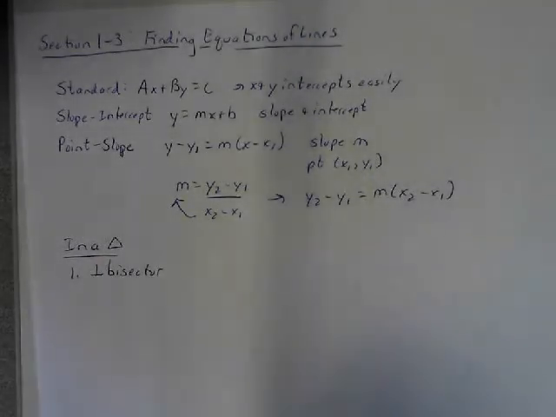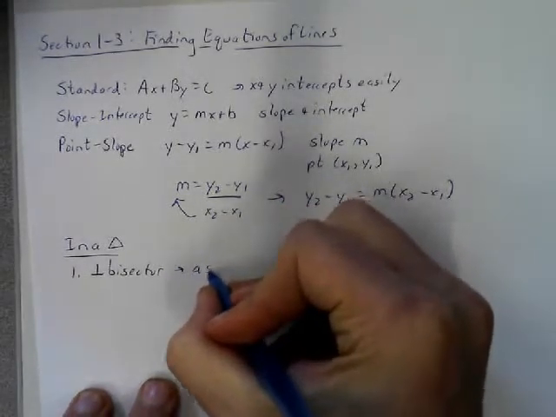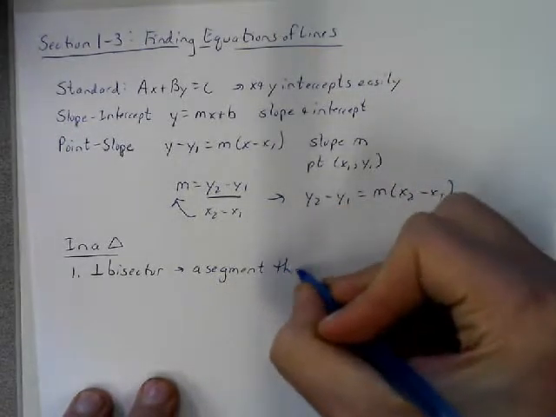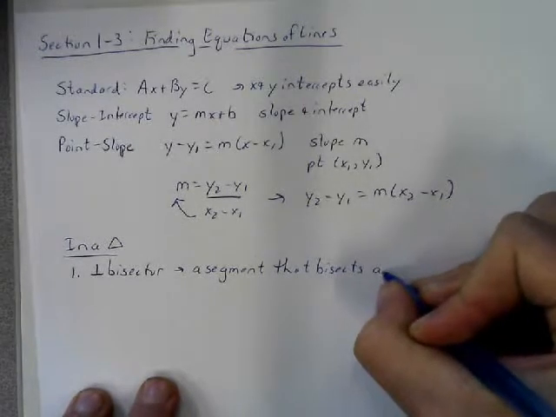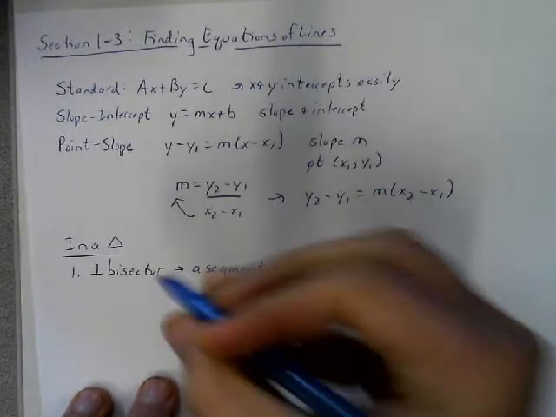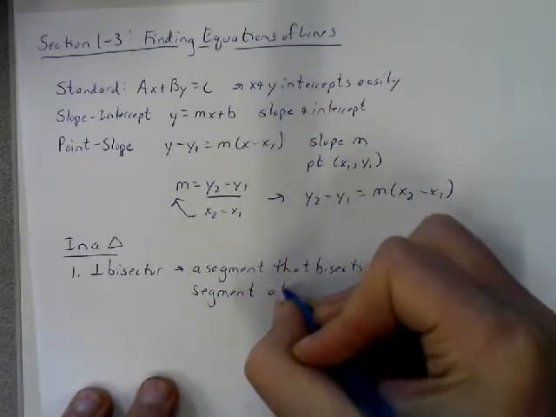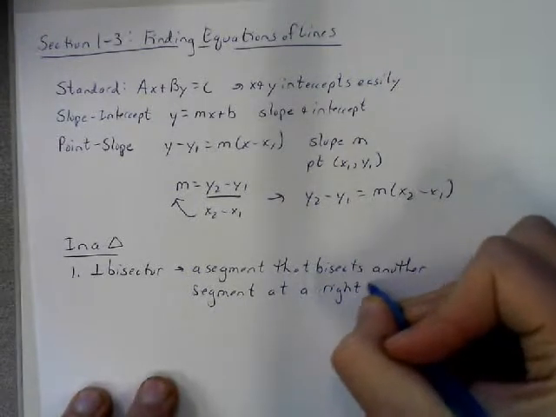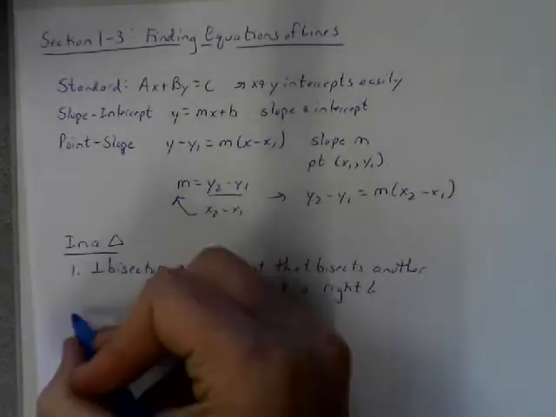This isn't even in a triangle, but a perpendicular bisector in general would be a segment that bisects another segment at a right angle. In a triangle, this segment would come from, obviously, one of the vertices.